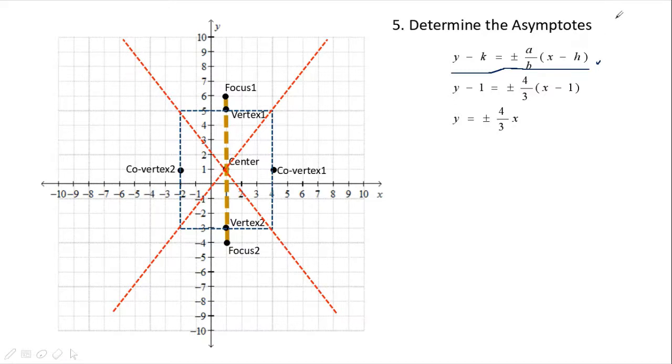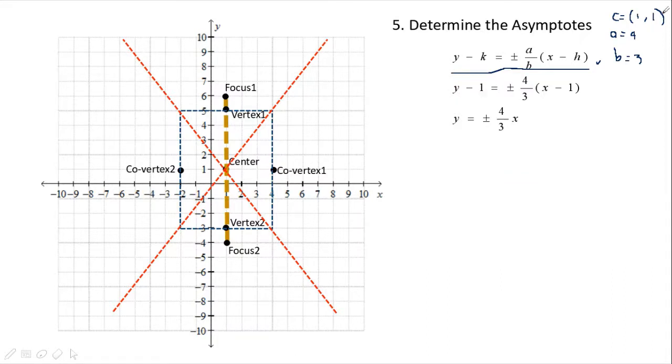Let's recall our center is located at (1, 1), our a earlier is 4, and our b is 3. So let's substitute all the values into our formula.